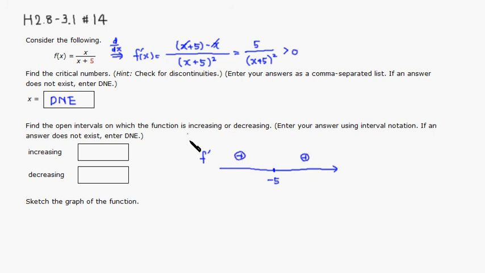So it's got to be increasing on the interval from -infinity to -5, then from -5 to positive infinity. Then decreasing interval, there is none, so it does not exist.